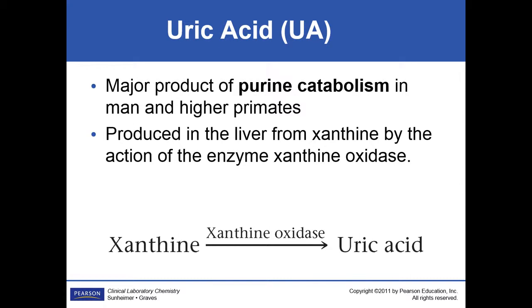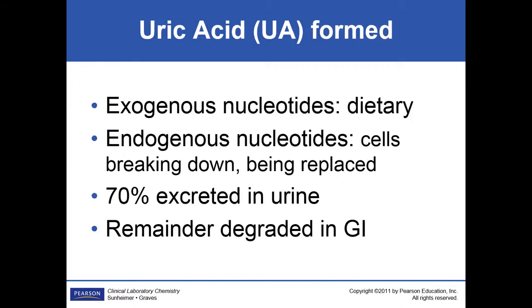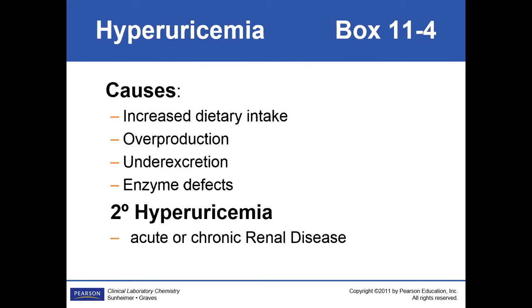It is produced in the liver, and here shows you the reaction that occurs. It is from diet for the most part, but most of it is excreted in the urine, and what isn't, it is degraded in the GI tract.